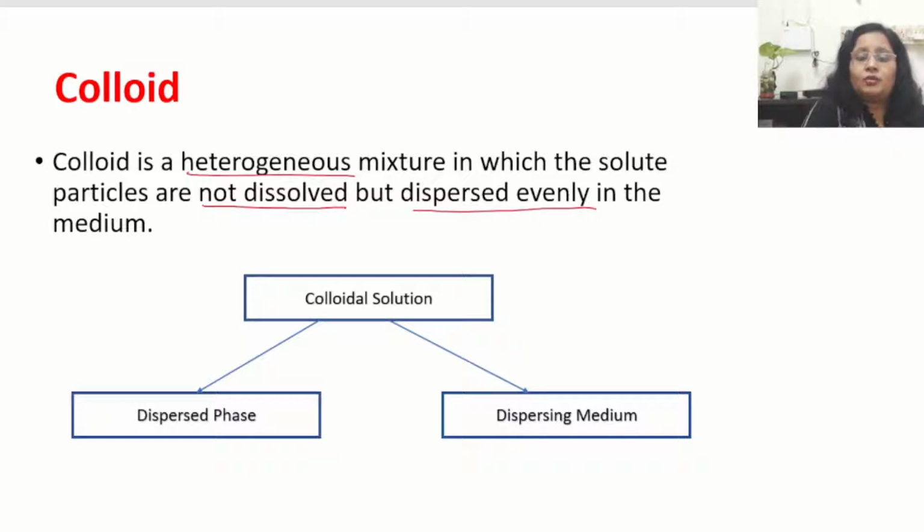Now come to the colloidal solution. It can be divided into 2 parts. As a solution has 2 parts, solvent and solute, a colloidal solution always has 2 parts. The first one is the dispersed phase, the second one is the dispersing medium.